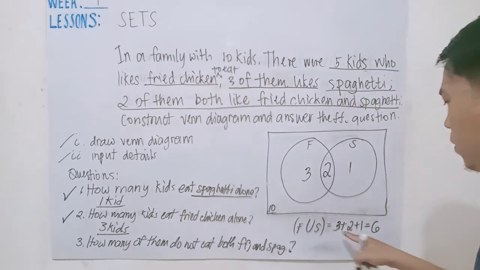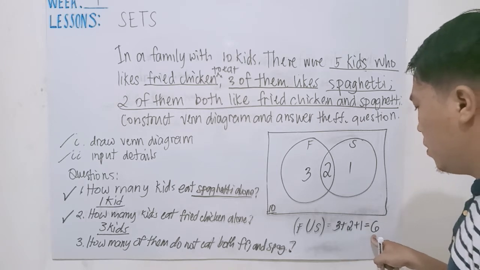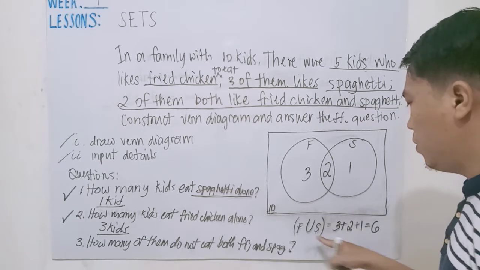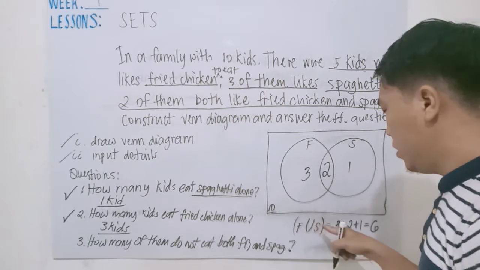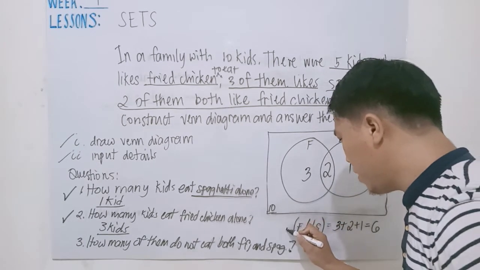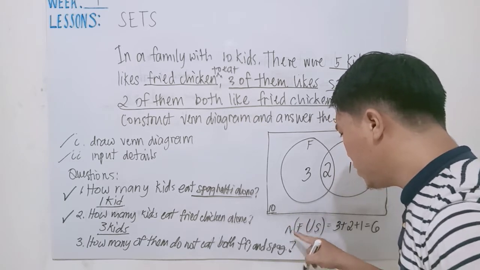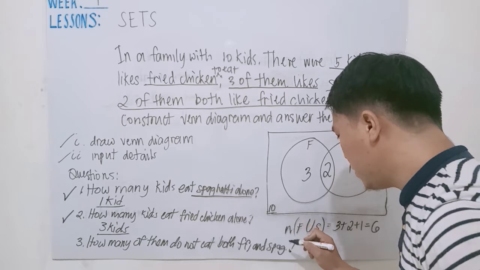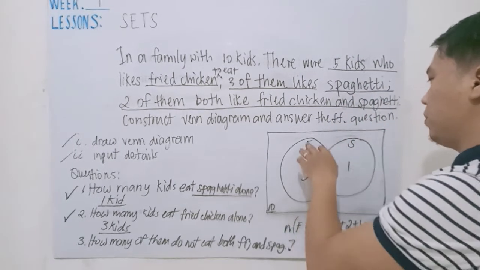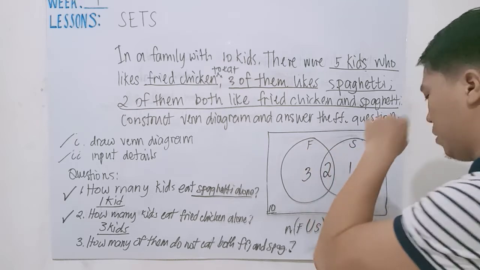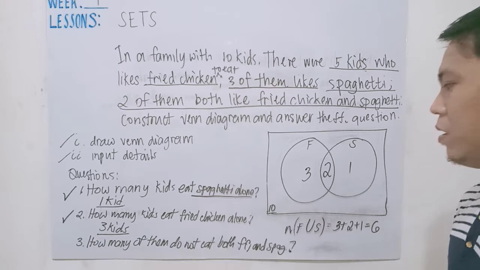Since we are referring to a number, and that is 6 for the union of the kids who eat fried chicken and spaghetti, we are referring to cardinality. We're going to write a small n here, open parentheses, close parentheses, of the union of set F and set S. But there is a question here.